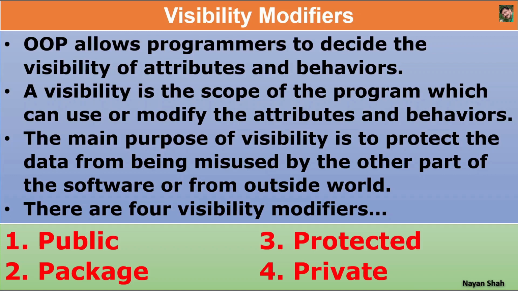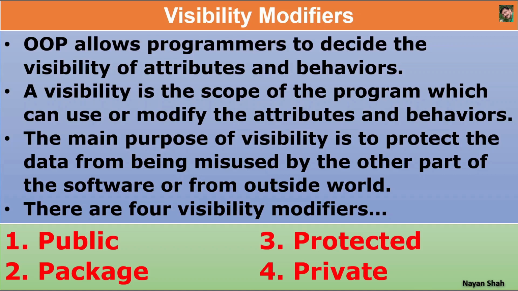Protected. Protected is something like when we borrow something from somebody. Let's say we borrow a car from our friend for one day. Then it is protected because we don't have the right to give it to somebody else. When we borrow a car from our friend, we don't have the right to give that car to somebody else.